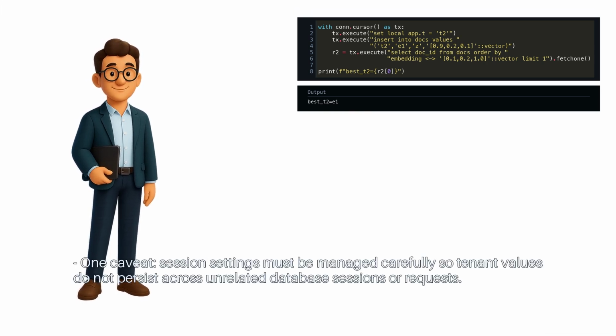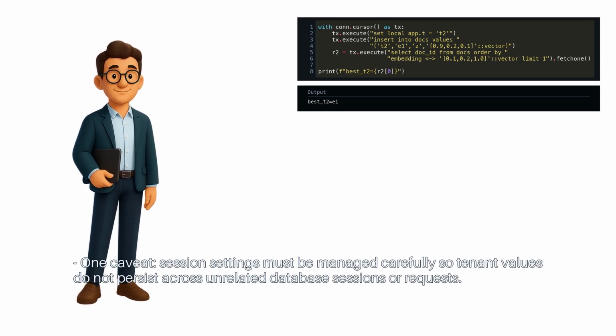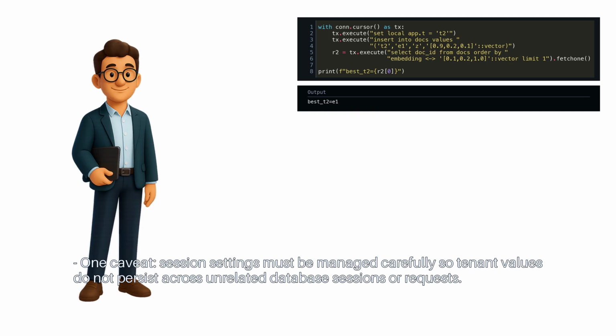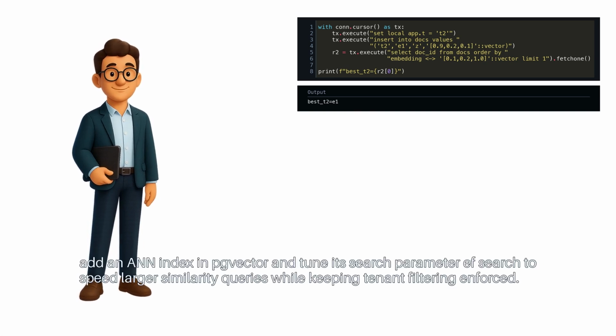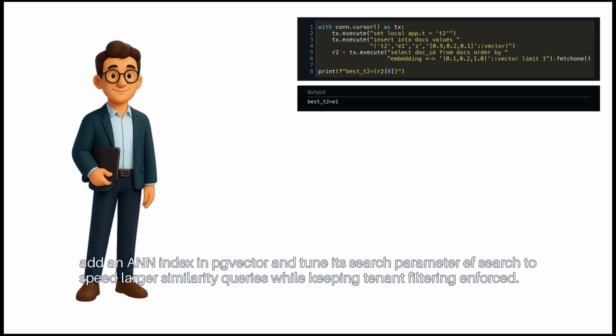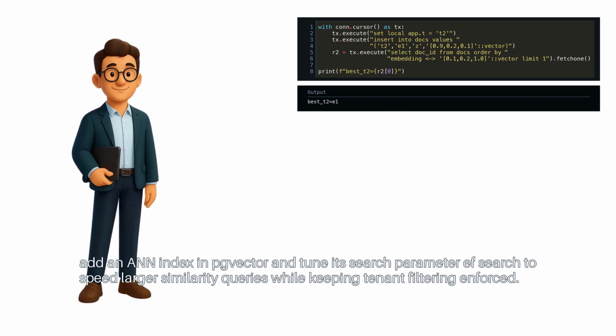One caveat: session settings must be managed carefully, so tenant values do not persist across unrelated database sessions or requests. Next step: add an ANN index in pgvector and tune its search parameter ef_search to speed larger similarity queries while keeping tenant filtering enforced.